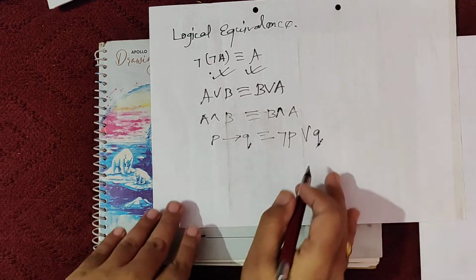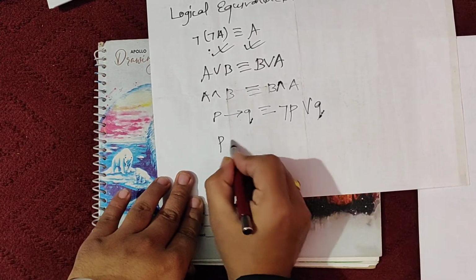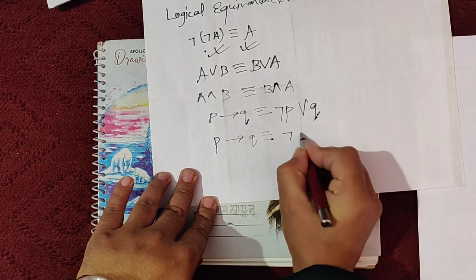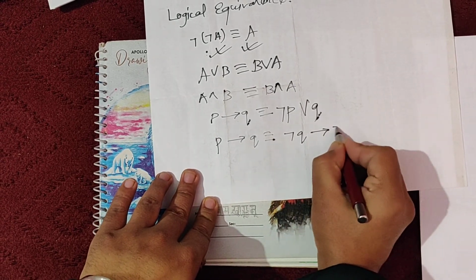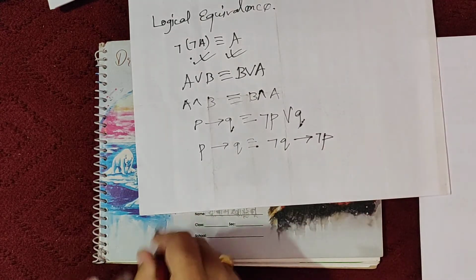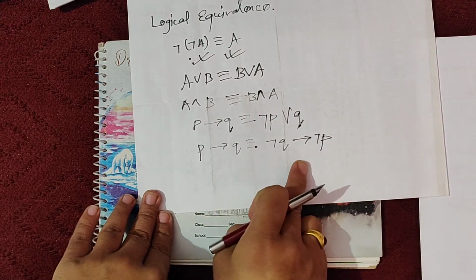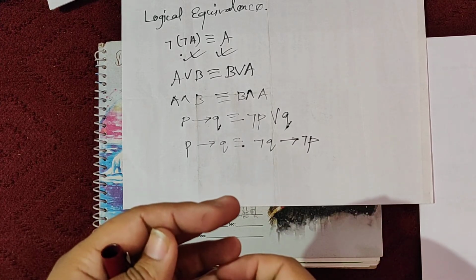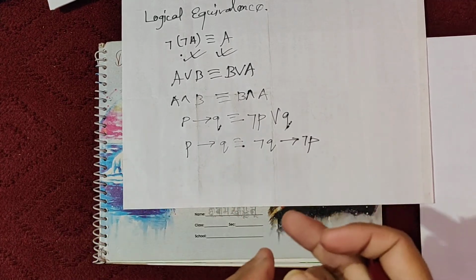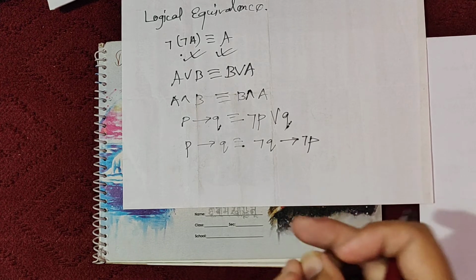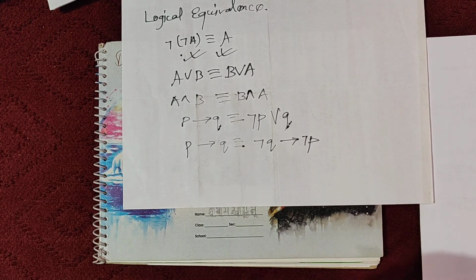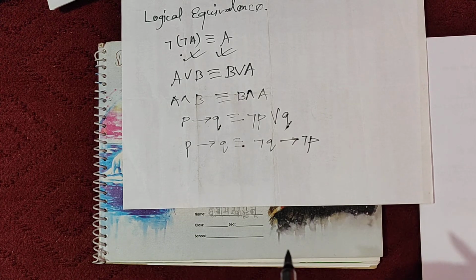Similarly, P implies Q is logically equivalent to not Q implies not P. This is known as the contrapositive. There are many more logical equivalences in which the truth values are the same for every combination of variables of the given predicate.